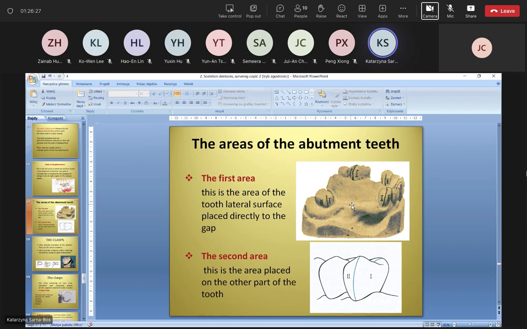So as you see here, when we have the gap between the teeth, the first area is directly placed to the gap. And the second area is the area placed on the other part of the tooth. Yes, so the first one is placed directly to the gap, the second is placed on the other part of the tooth.